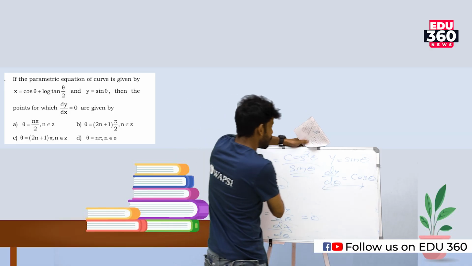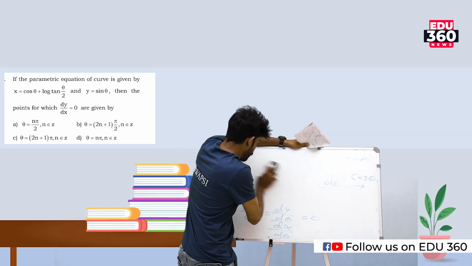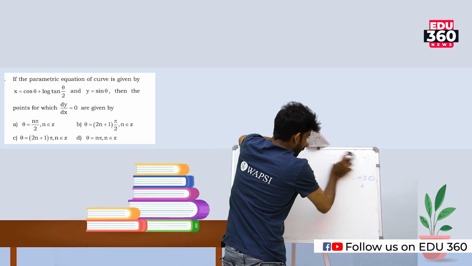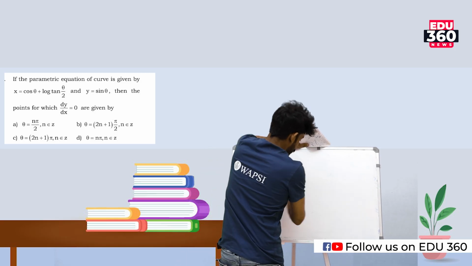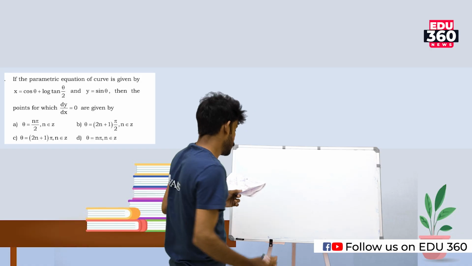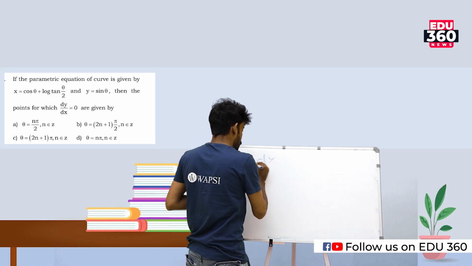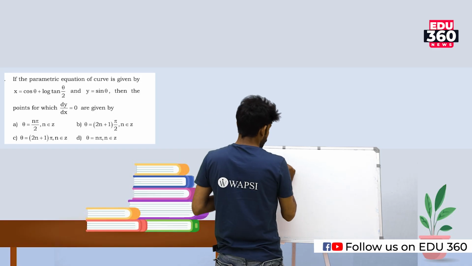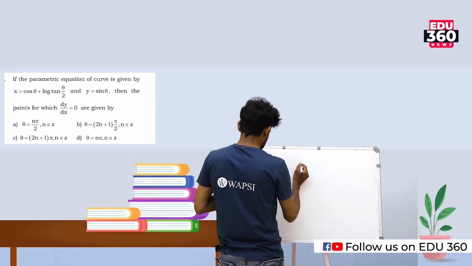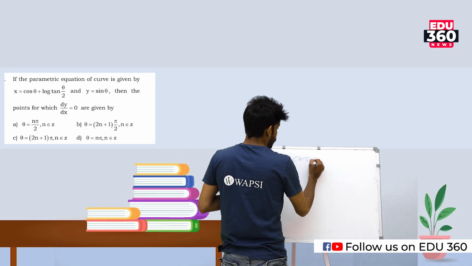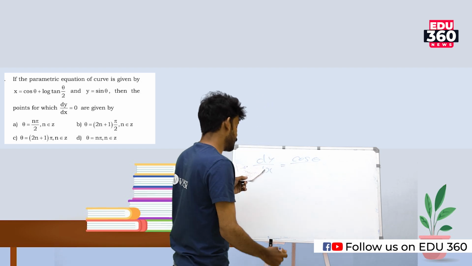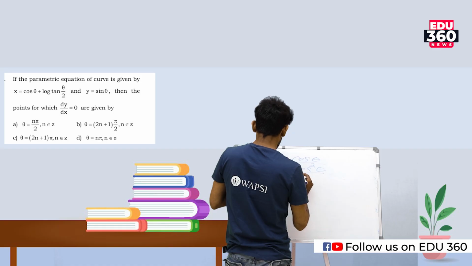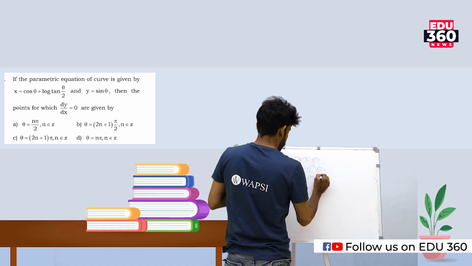On the next step, we can write dy by dx is equal to cos theta divided by cos square theta by sin theta.